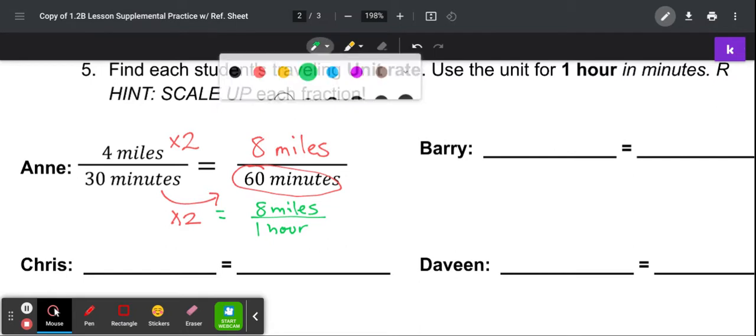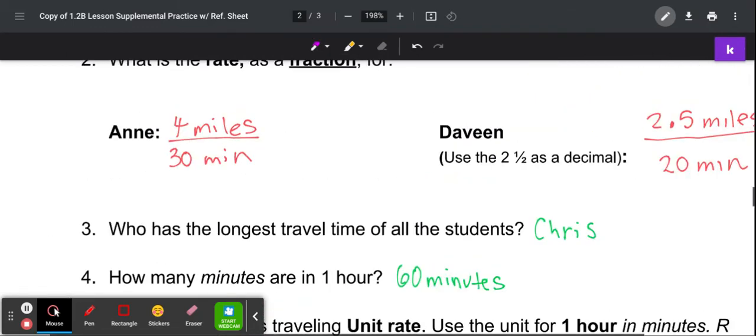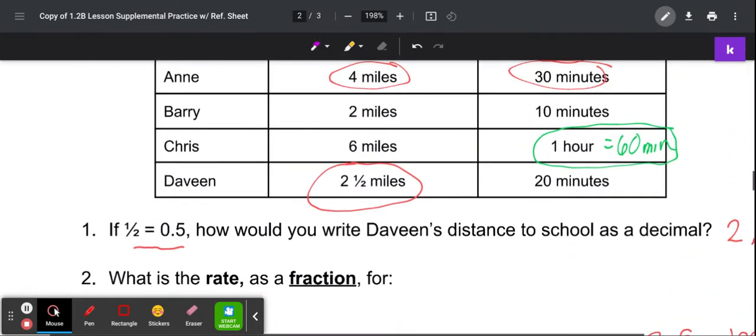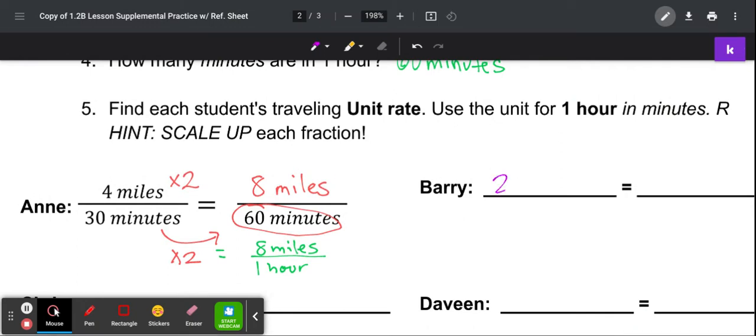And now if we look at Barry's time, so Barry travels 2 miles in 10 minutes. So the rate would be 2 miles in 10 minutes.